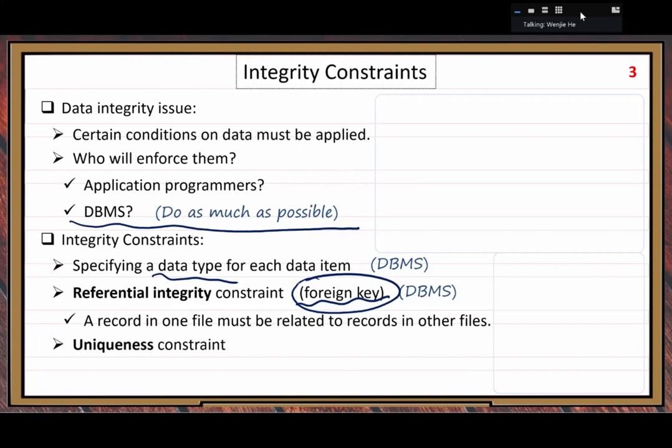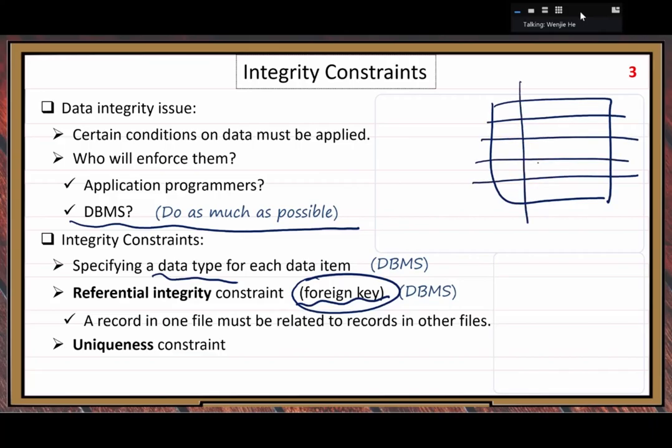Then another constraint called a uniqueness constraint. The meaning is this. You have a table with many rows and several columns. Regarding uniqueness, let's consider this column. Sometimes we require the values of different rows in this column to be unique.